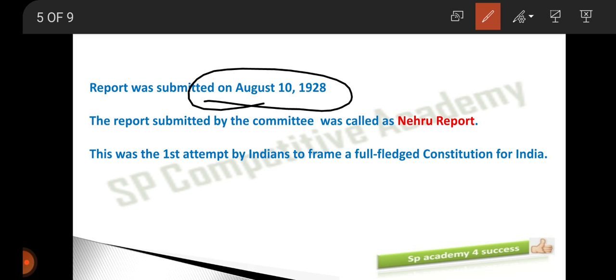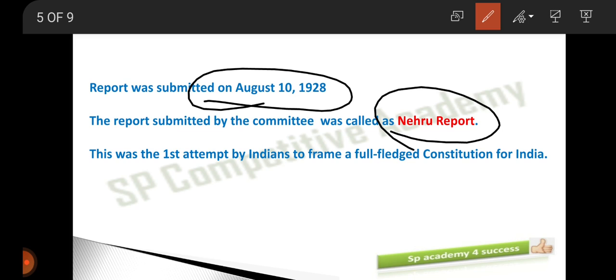The report is called the Nehru report, because the chairman of this committee was Nehru ji. This was the first attempt by the Indians to frame a full-fledged constitution for India. In this Nehru report, we had how our constitution should be and what the principles of our constitution are.